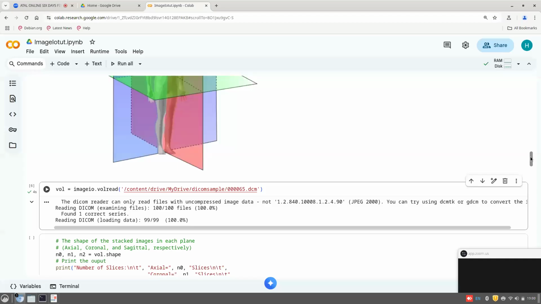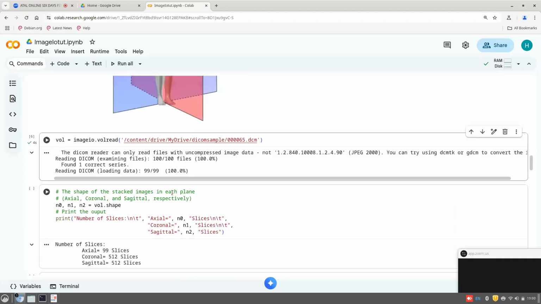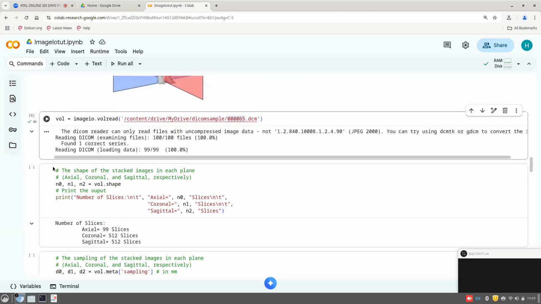I am now loading another image using the imageio volread function. Earlier I showed you imread; there is also a volread function. Using that, I can read the entire 3D image from 0000065.dcm. If I analyze the shape of the image, I can see that along the axial plane there are 99 slices, along the coronal plane there are 512 slices, and along the sagittal plane there are 512 slices.